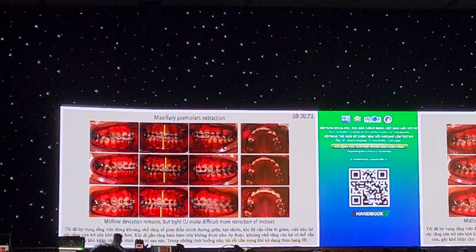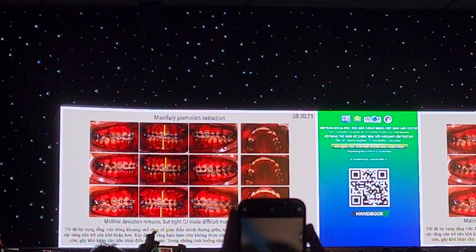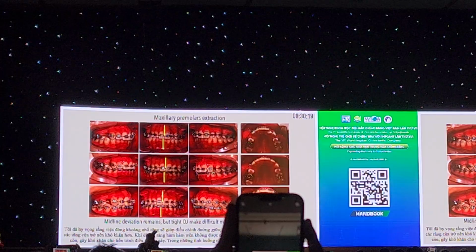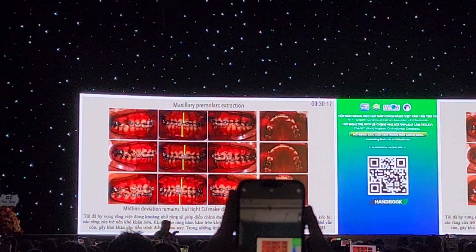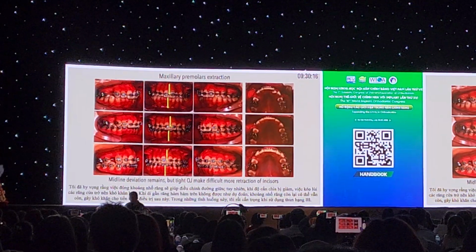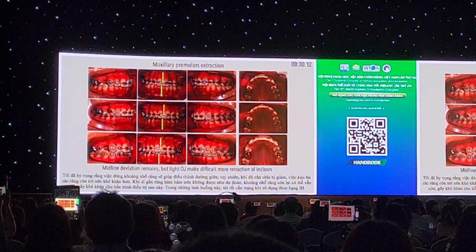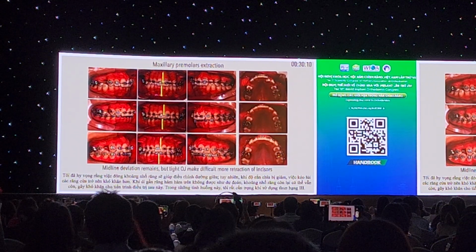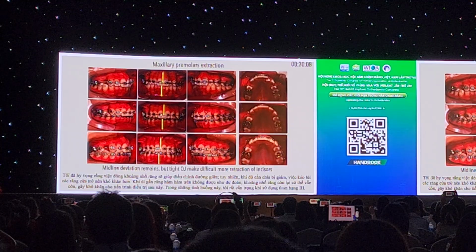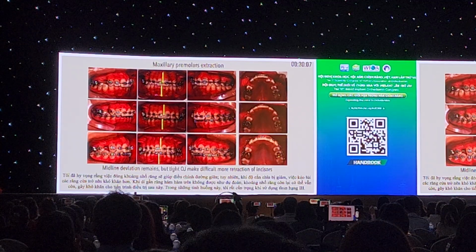However, as overjet diminishes, it becomes increasingly challenging to retract the incisors. When the forward movement of the maxillary molars is less than anticipated, residual extraction space may arise, complicating further progress.